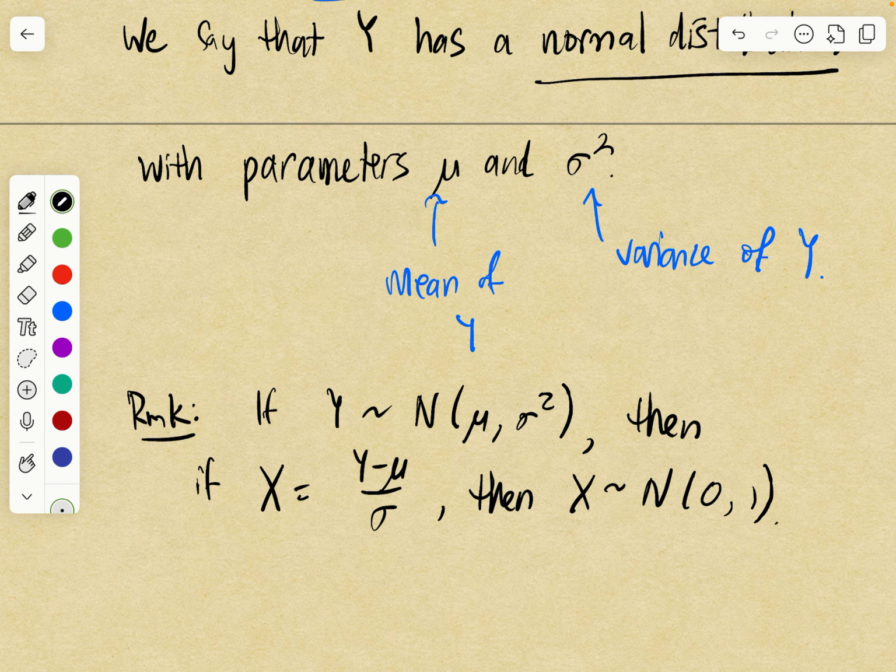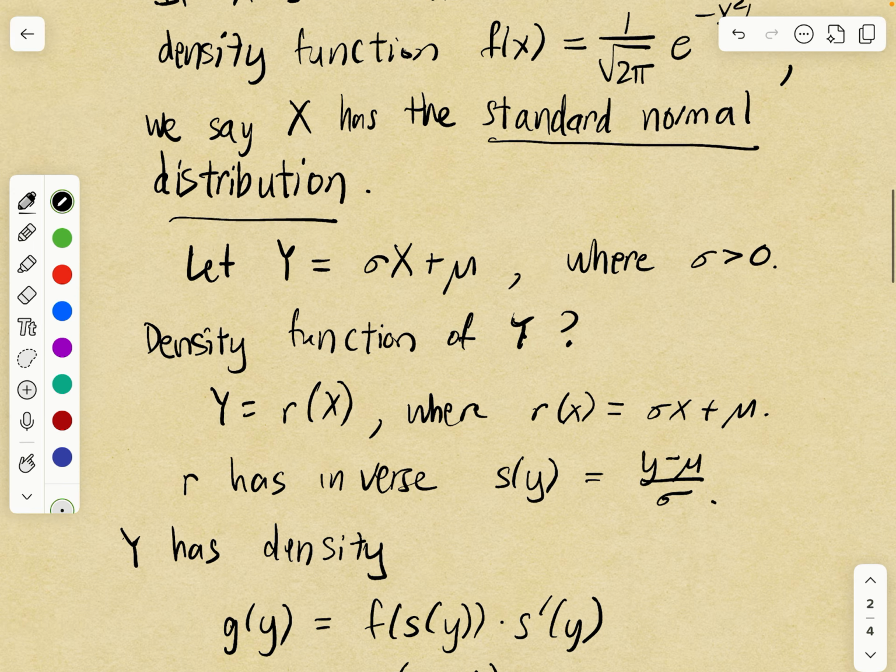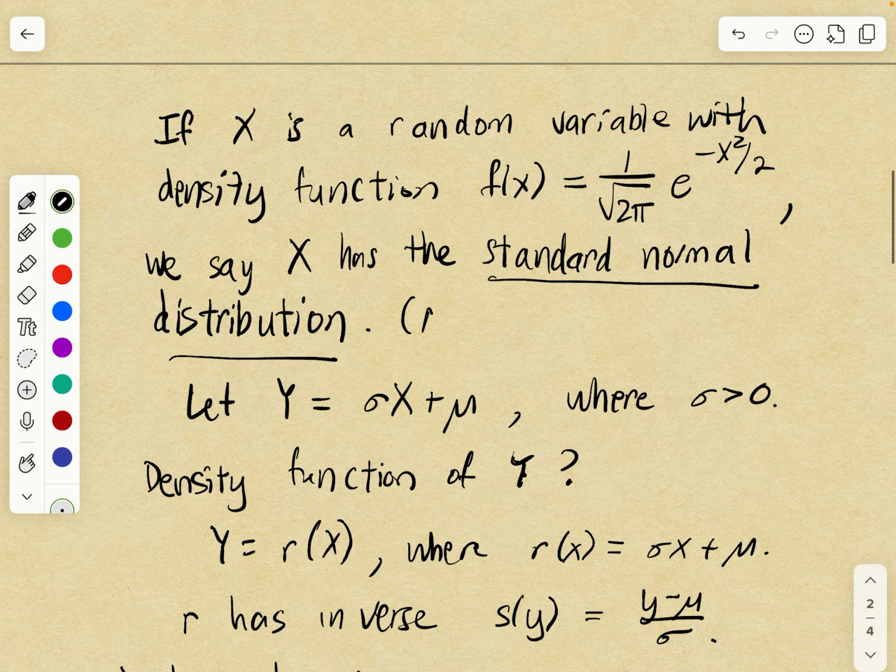So this is the standard normal distribution. So we would write x tilde normal 0, 1.